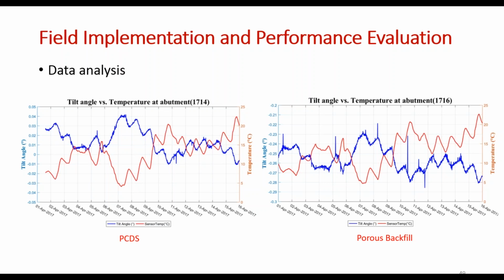So it is very sensitive to the temperature. With this, although we cannot rule out the effect of the water, at least it indicates that the water will not have an apparent effect on the tilt angle. Otherwise, the correlation between the tilt angle and the temperature would not be so good.